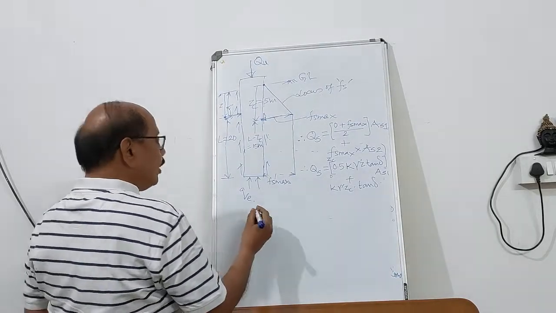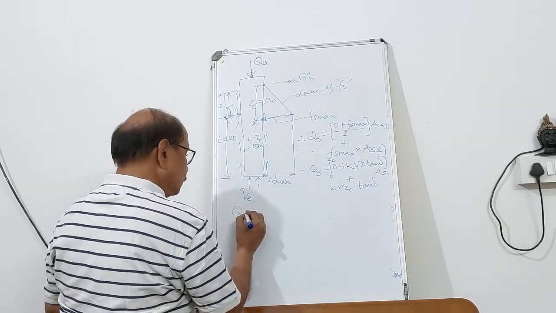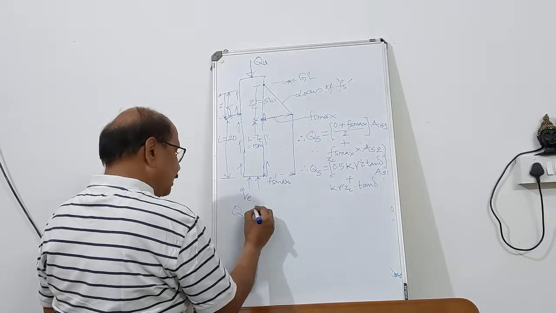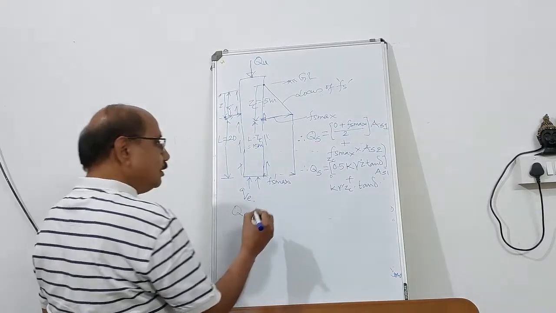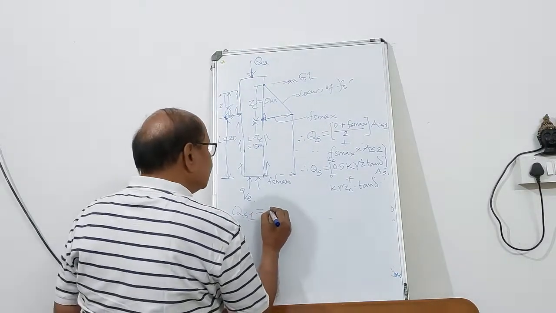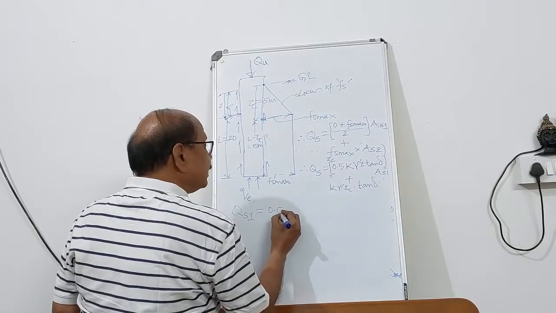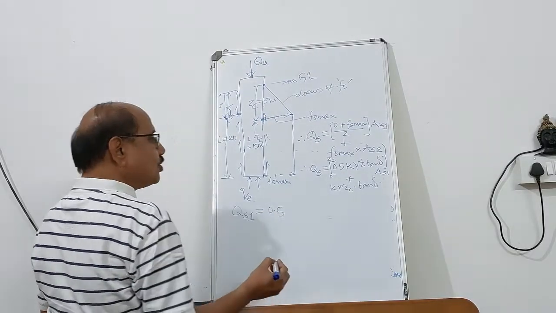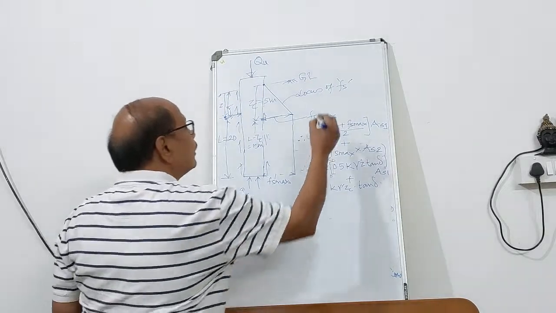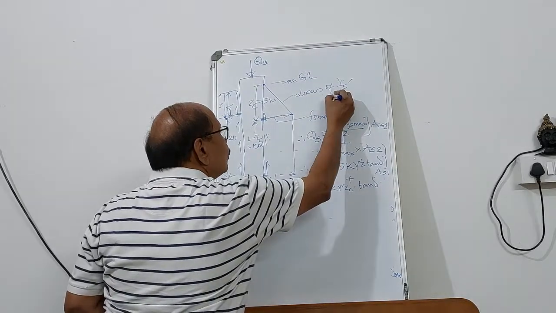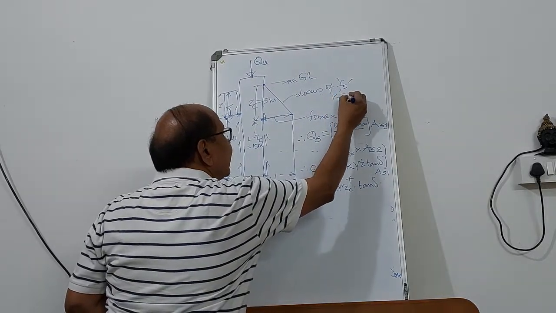So QS1, that is up to Z critical, will be given by 0.5, and the value of K is given, it is always given for loose ground. Let's say K equal to 1.